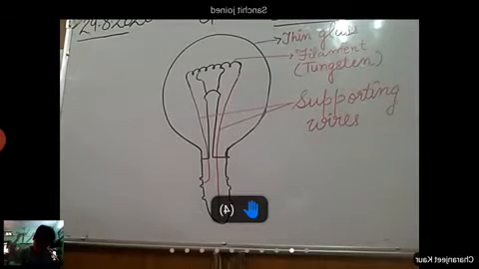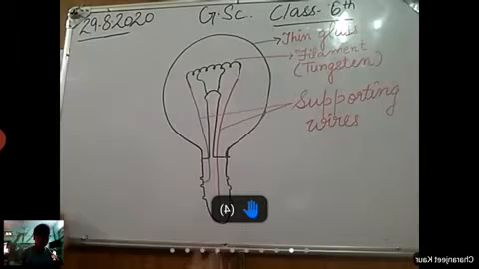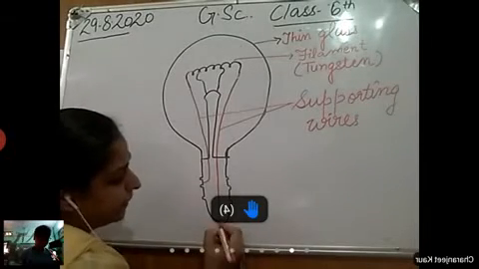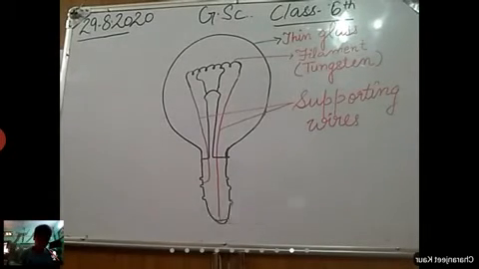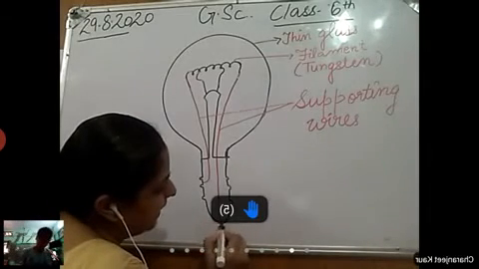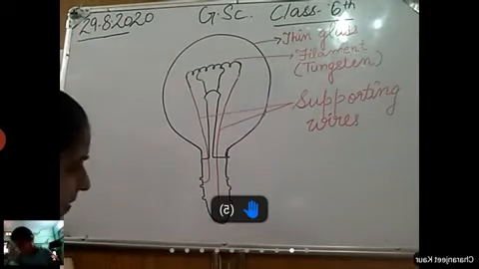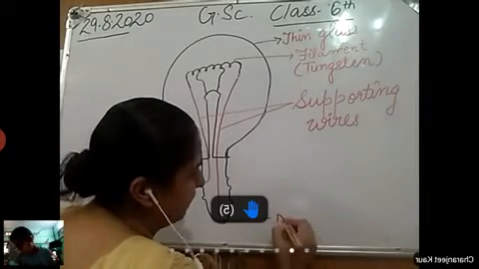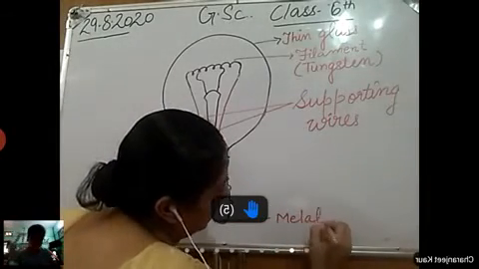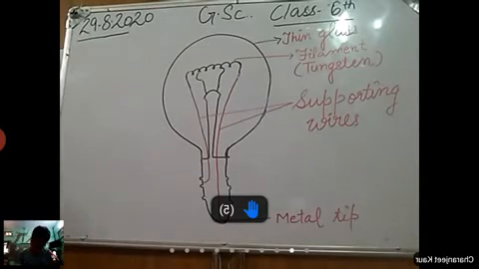Then here at the metal base there is a metal tip. This is known as the metal tip. You can see this. Here it is the metal tip. You will mention it as the metal tip. Right?